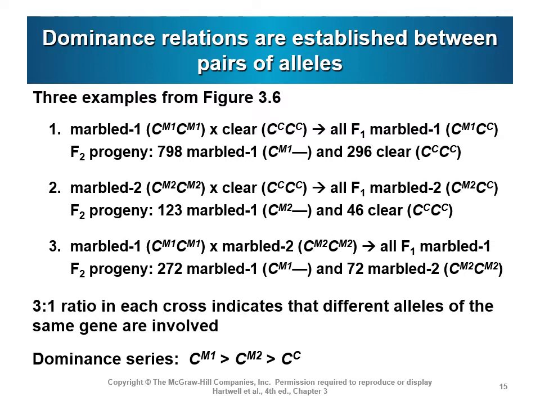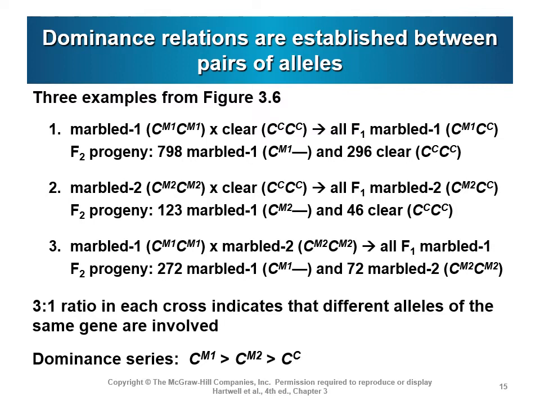The F2 progeny yields 798 marbled 1, CM1, and 296 clear, CC. What does this mean? Is the ratio expected? Please explain.